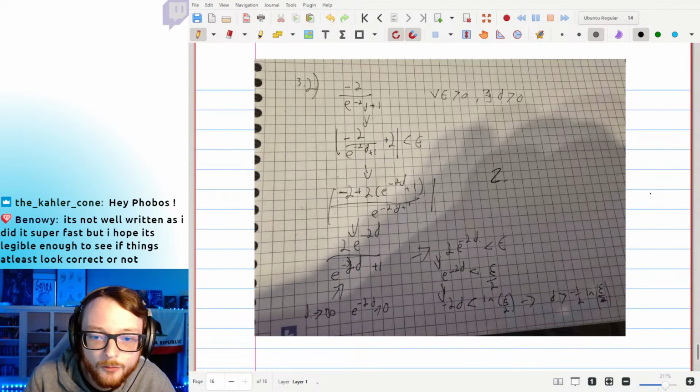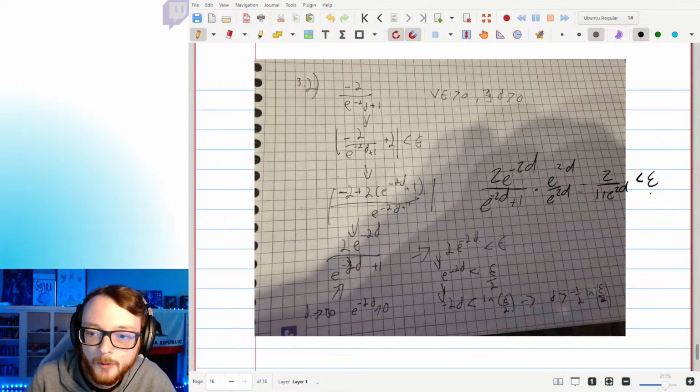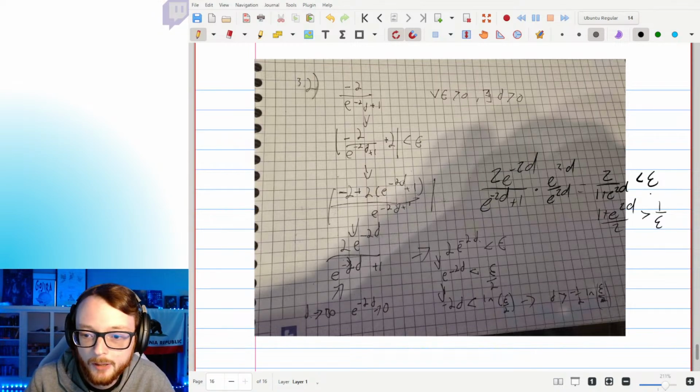I would just send 2e to the -2d. I'd probably multiply it through by e to the -2d over e to the -2d. Or I guess you can do e to the positive 2d, and get 2 over 1 plus e to the 2d is less than epsilon. And then probably flip each side, and that's a little bit easier to solve for d now.